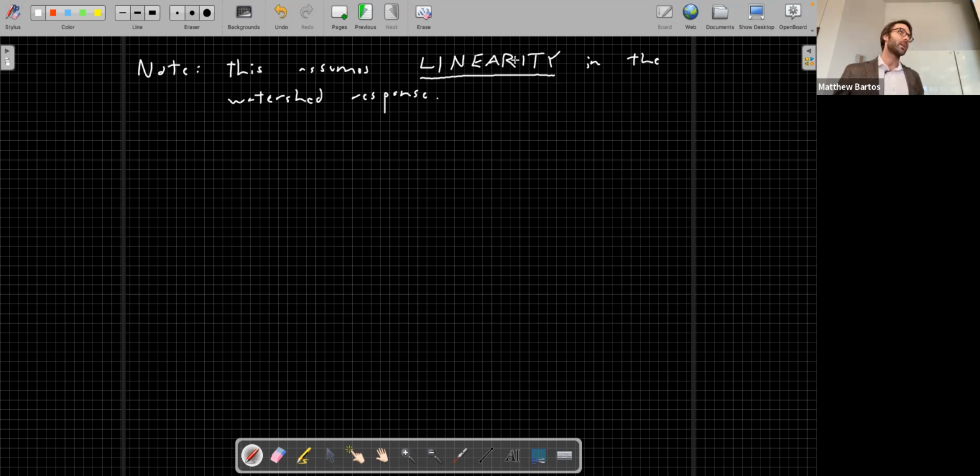Now, let me give a sense of what I mean by watershed as a linear function. We have some discharge output Q1 that is a function of some precipitation input P1, and we have some discharge output Q2 that's a function of our precipitation input P2.